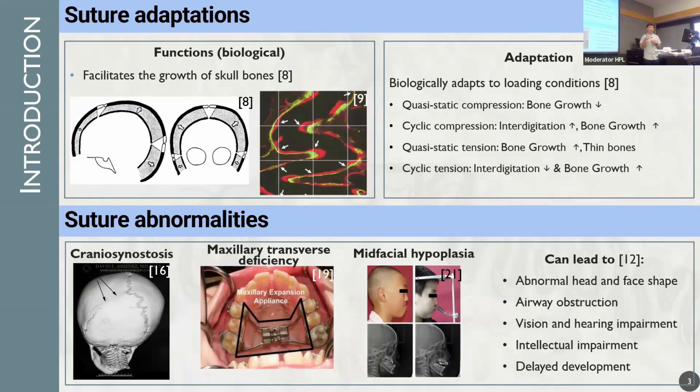So it's clearly adapting to the loading condition. But in my case, I didn't really look into the fiber orientation. We wanted to see the overall shape difference and how it's changing, and how the strain is driving the changes in the bone.